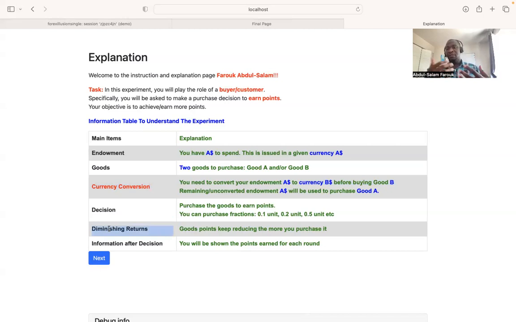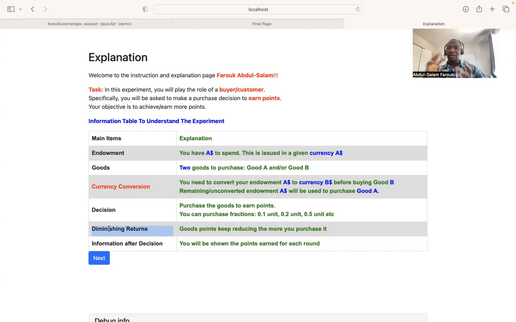Now, there's also going to be the law of diminishing returns, which basically says that the more you buy a particular good, the fewer points you tend to earn on the subsequent purchase. So you can imagine yourself being in Ghana, you spend the whole time buying the goods in Ghana, you'll be bored. So there's a need for you to travel to Nigeria and buy some goods from Nigeria as well.